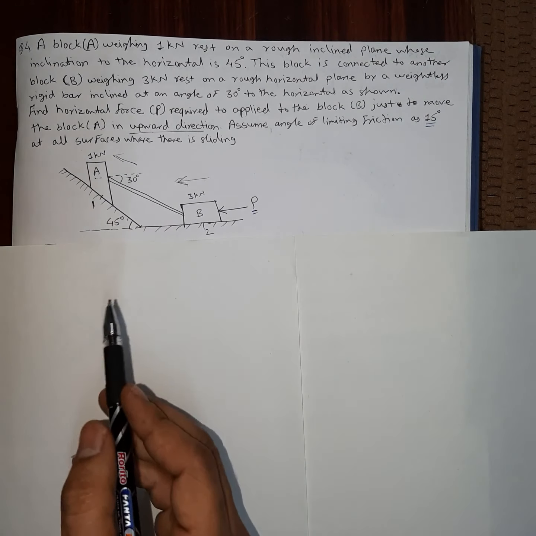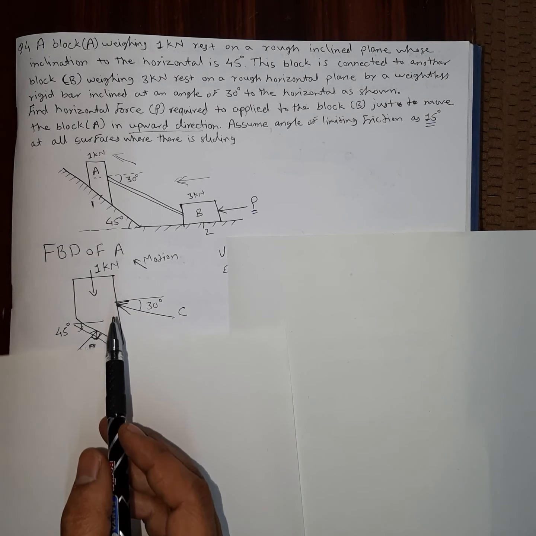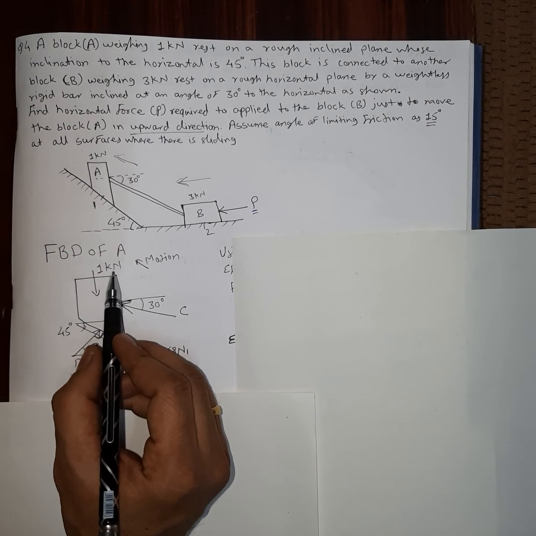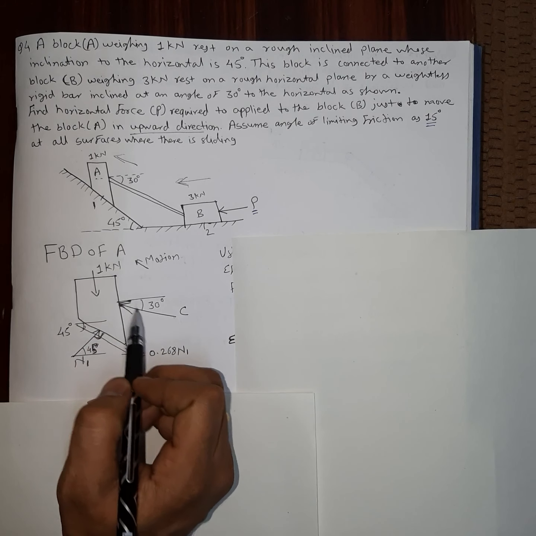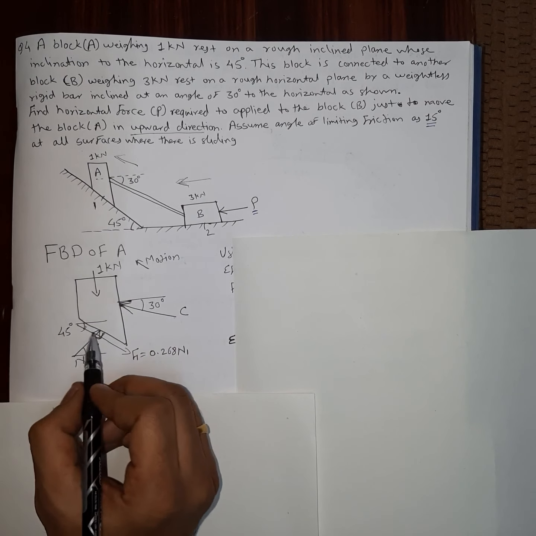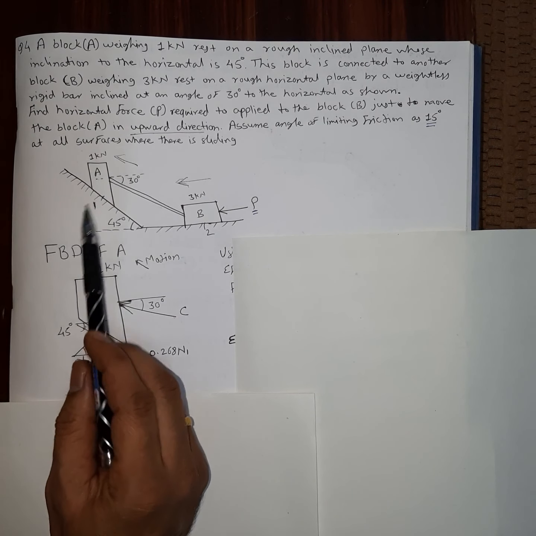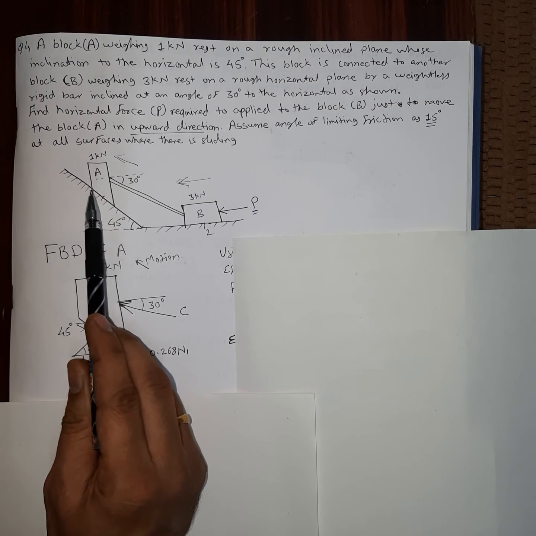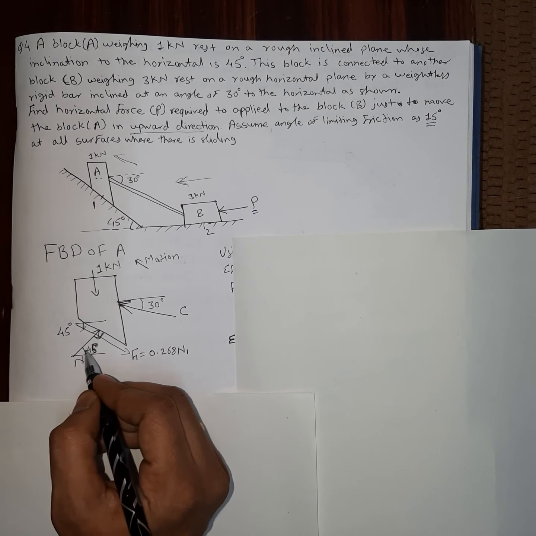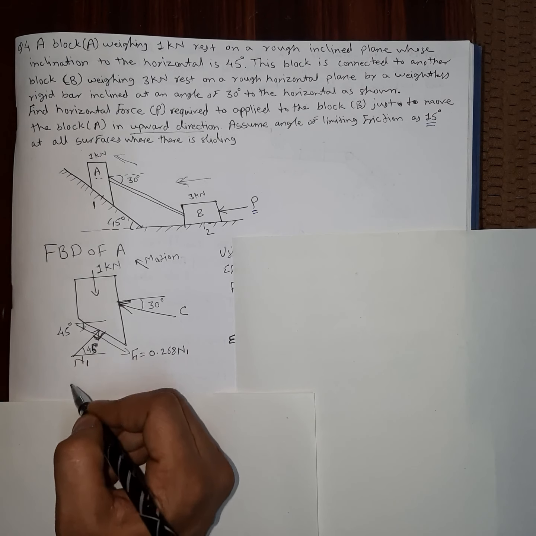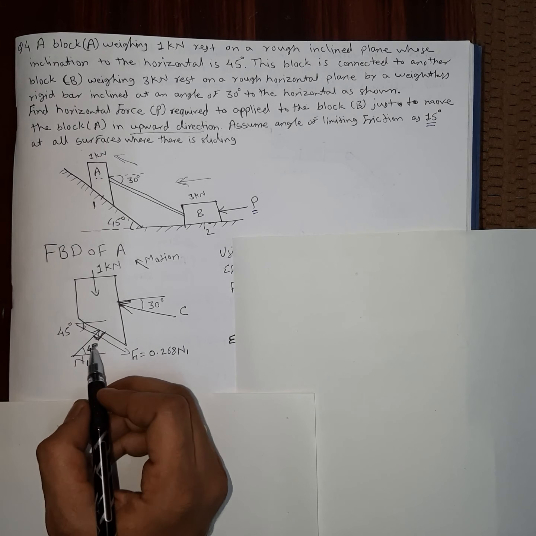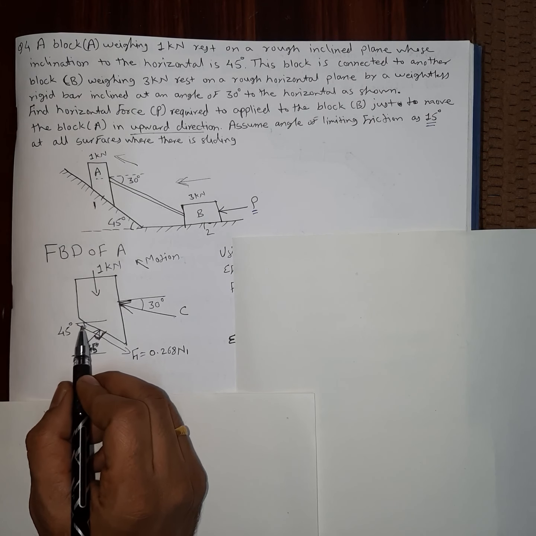So drawing the free body diagram of that block A, this will be the FBD of block A. Active forces: 1 kilonewton force, and the compression force in that rod, let's denote it by C. Then at this point of contact, let's name it as surface 1, point of contact 1, it will contain this perpendicular reaction, N1, at an angle of 45 degree with the horizontal, and the frictional force, which will be parallel to the surface.